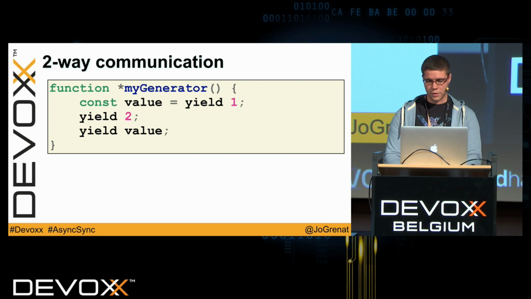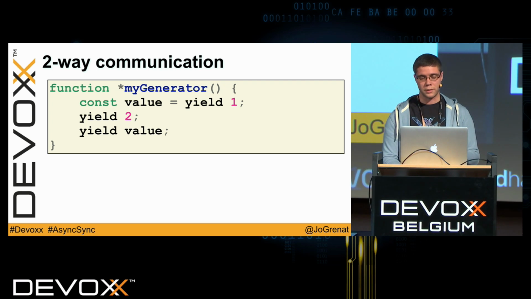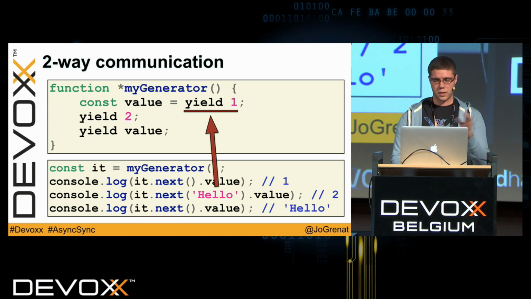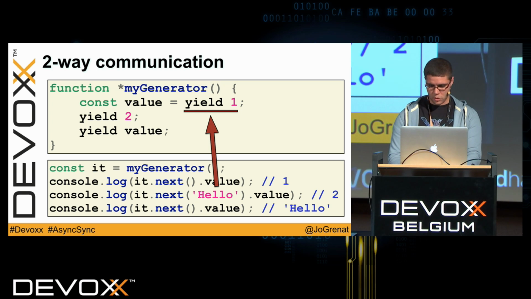After that, we yield the value 2, and then we yield the value we are supposed to have received. So let's see how it works. At the first next, it will execute the first yield, and then at the second next, we will give it a value, here the string hello, that will be transmitted inside our generator as the result of the yield statement. So after that, it displays our value.